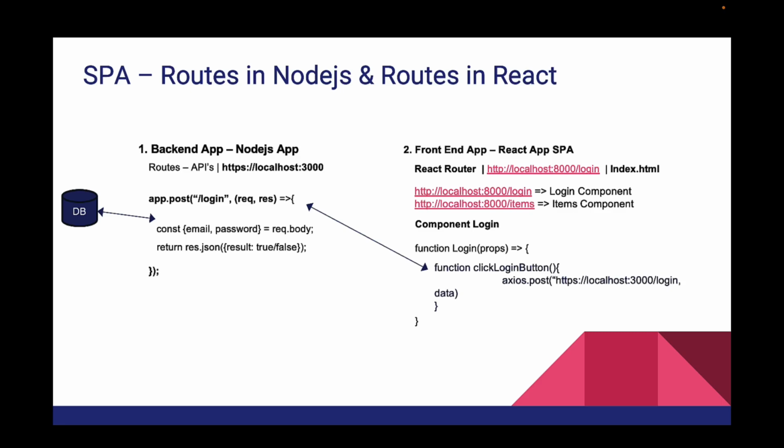So I hope, guys, this way you really understand how the routes are set up in Node.js and how the routes are set up in the front-end app. And now I would say it would be less of a confusion for you. You understand these terminologies differently because those are two fundamentally different apps.